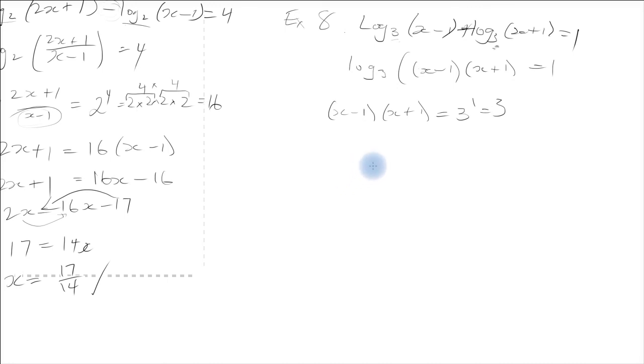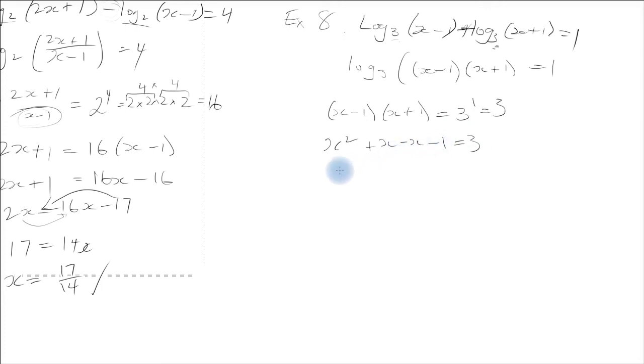Okay, so let's expand these brackets out now. This gives us x squared plus x minus x minus 1 equals 3. So I'll take away 3 from both sides.